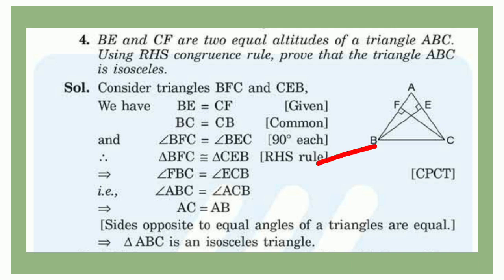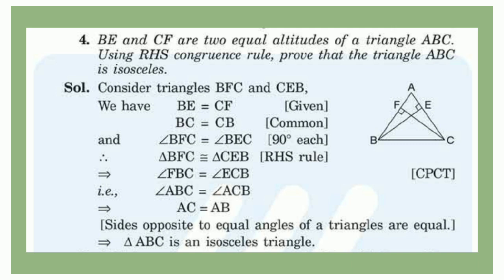So by CPCT, angle FBC equal to angle ECB. That means angle ABC equal to angle ACB, because this is the smaller and this is the bigger. So instead of FBC we take ABC, instead of ECB we take ACB.